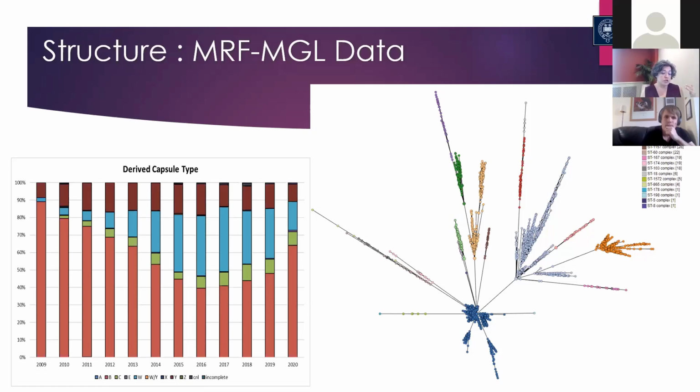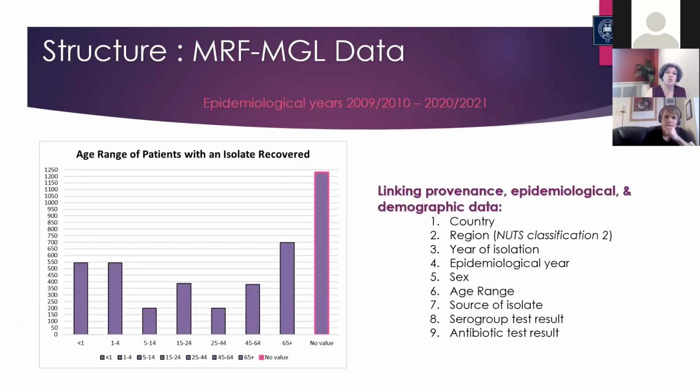And so each genome, we request the submission of an isolate record that includes provenance, epidemiology, and the demographics of the isolates. Now, we don't require all of this information, but these 9 points of data is something that we would highly like to see increased within the database, and suggest that the submitters include.